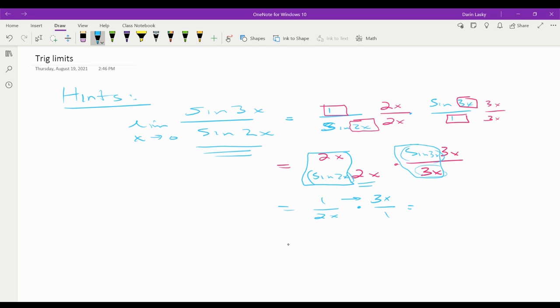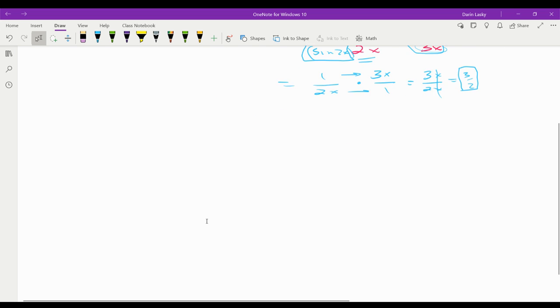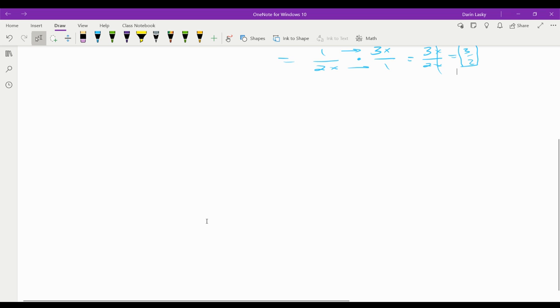Well, if I multiply straight across, I get 3x over 2x. Those cancel, and I'm left with 3 over 2. So it's just grouping and regrouping your fractions. So let's tackle a different one here.